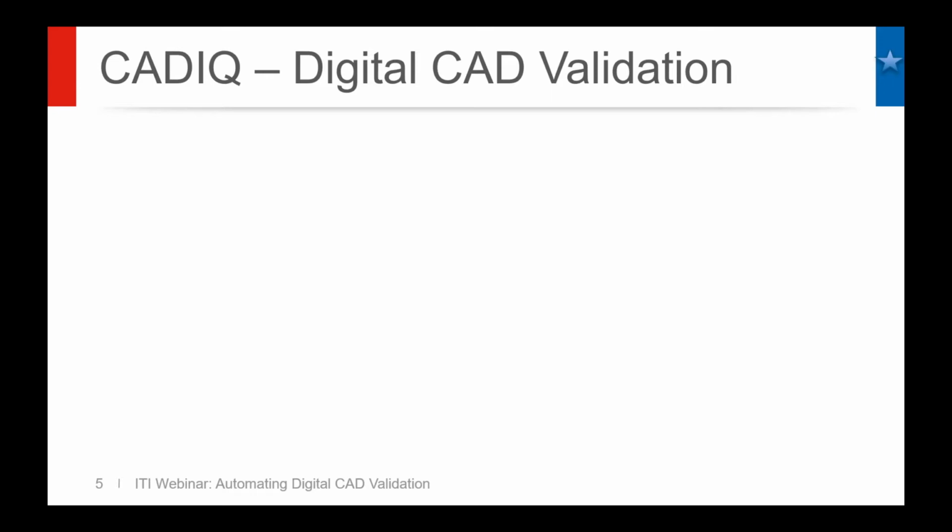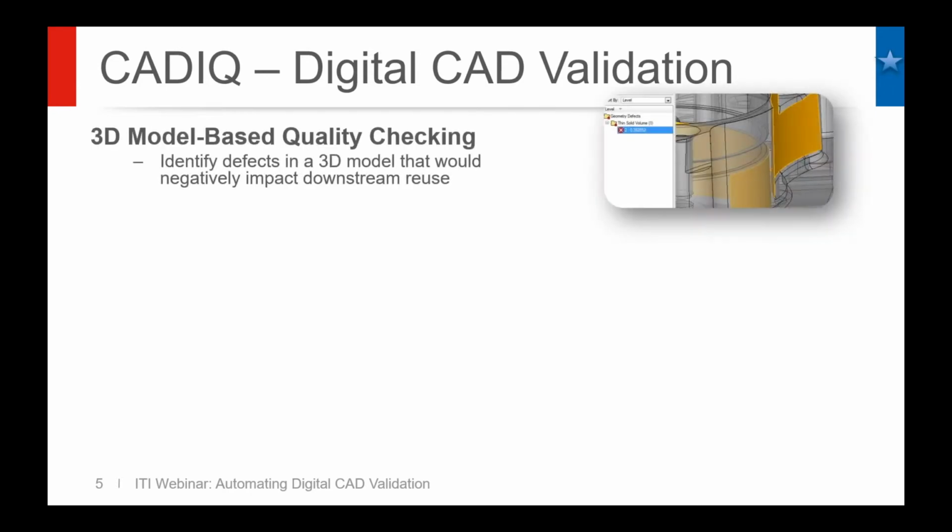So, digital CAD validation. ITI has been helping customers for decades to use tools to interrogate 3D models. And really there are three different areas where digital validation can prove very helpful. One is to look at just the original native quality of a CAD model and to look at items that may cause issues when that model is reused downstream.